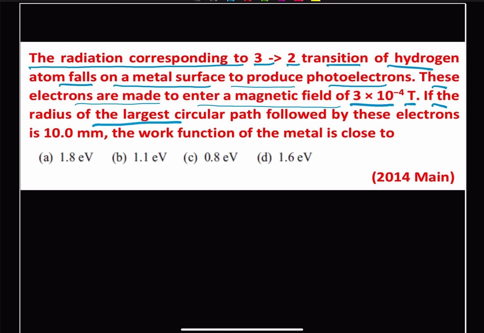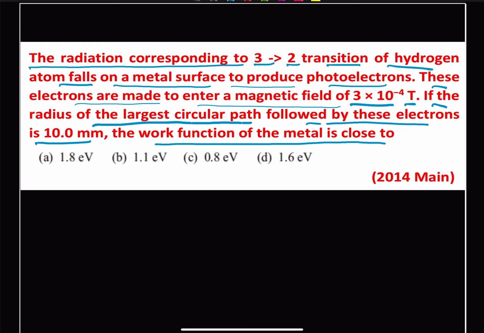If the radius of the largest circular path followed by these electrons is 10 millimeter, the work function of the metal is close to. So in this case, the electron which will be produced, as soon as it enters the magnetic field, is bound to follow the circular path. So you have to keep this in mind.